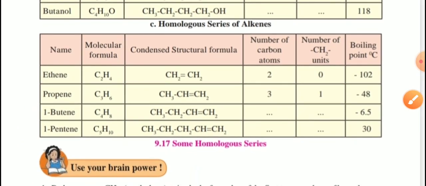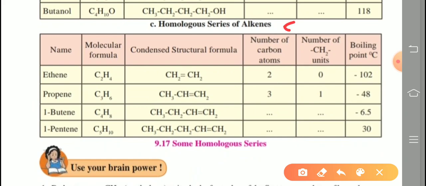Homologous series of alkene, that is double bond. Alkene means carbon-carbon double bond. So with 1 carbon, no compound is formed, so start from 2. Two carbon atoms means ethene. Number of carbon atoms are 2, but how many CH2 groups? 0. Why? Because the two carbons are bonded with each other by a double bond.